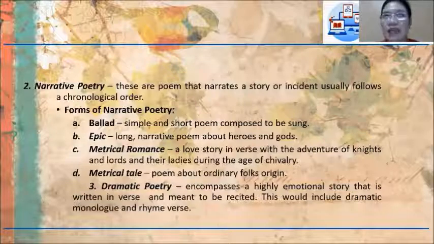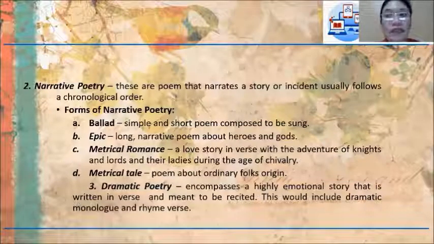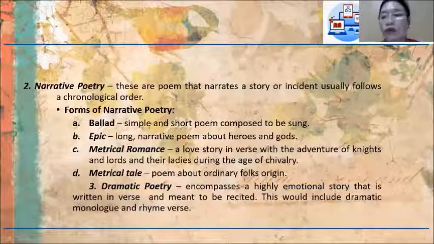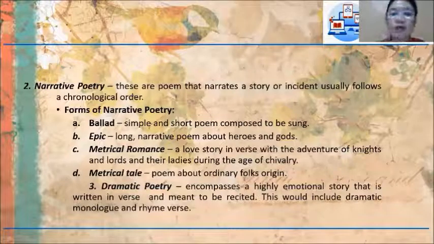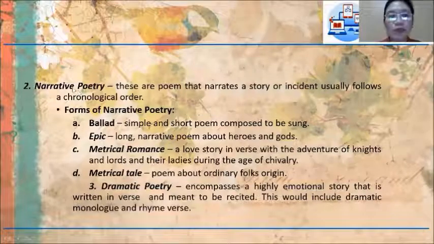Okay, it could be drama, literally drama, or it could be horror, or it could be adventure. Okay, tragedy. Okay, so these are the different kinds of poetry. Again, we have lyric poetry, we have narrative poetry, and we have dramatic poetry.